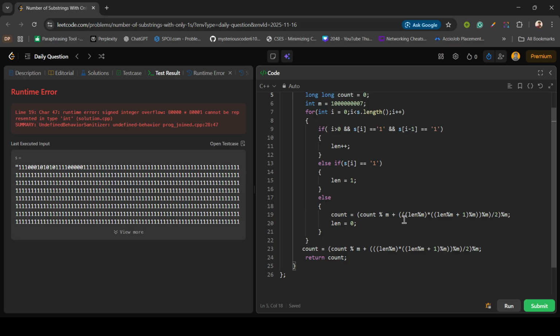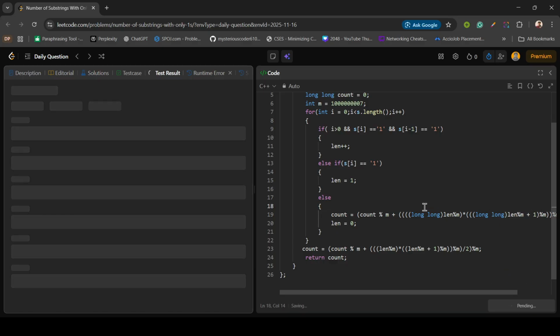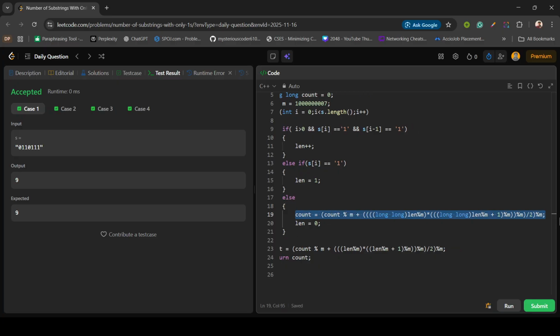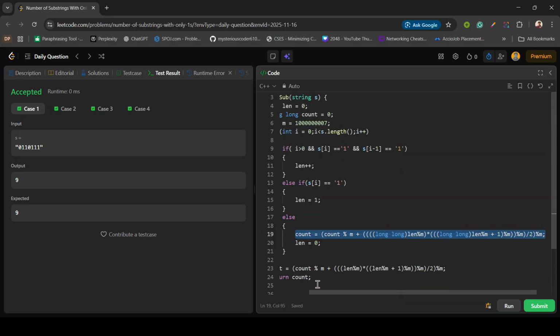We should take this long, and here I will also write long, and long. Now see. Okay, now it's working.